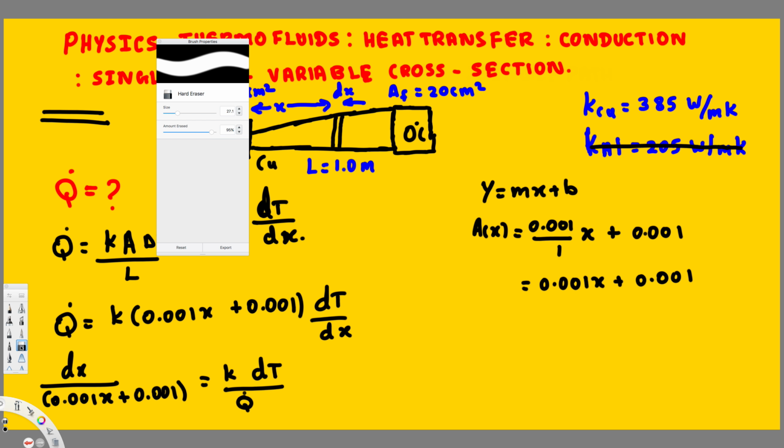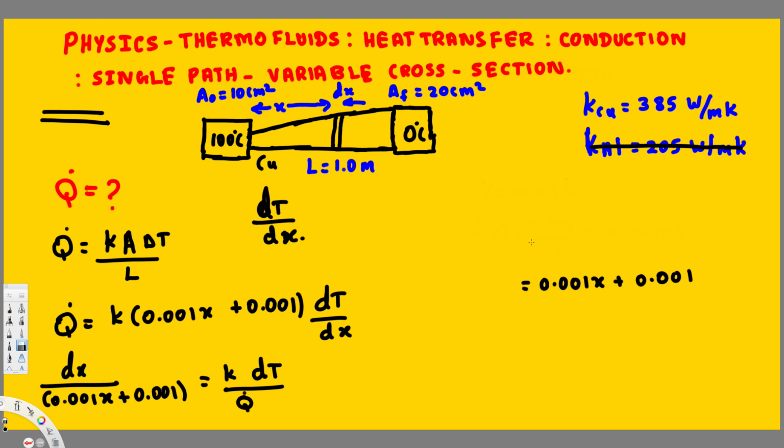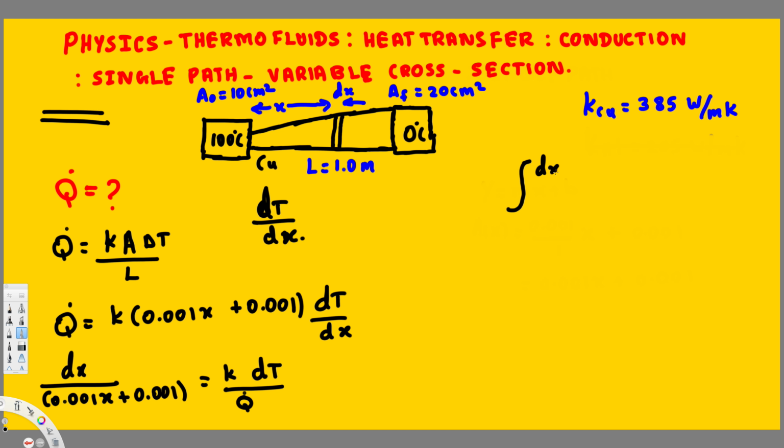Now let's do the integration. If I integrate this distance, this is going to be dx over 0.001x plus 0.001. Now to integrate this one, we have to have a proper term. So let's put 0.001 dx.